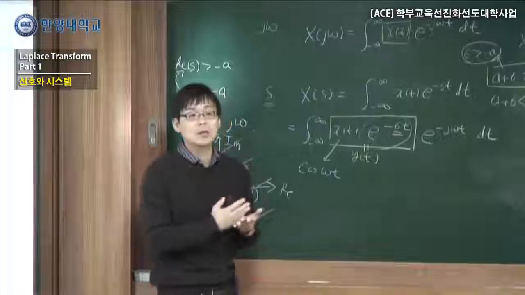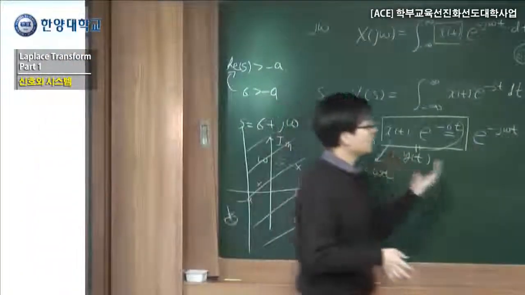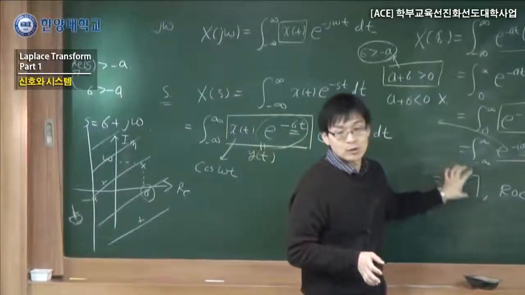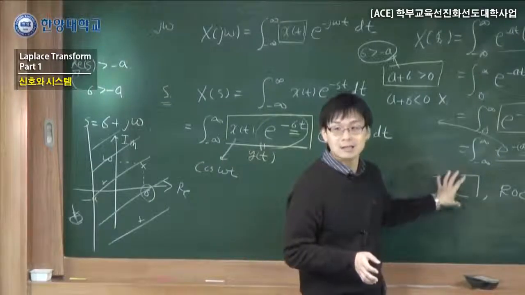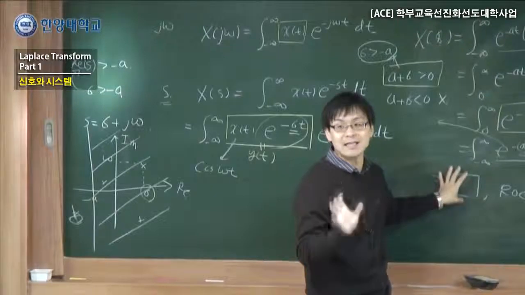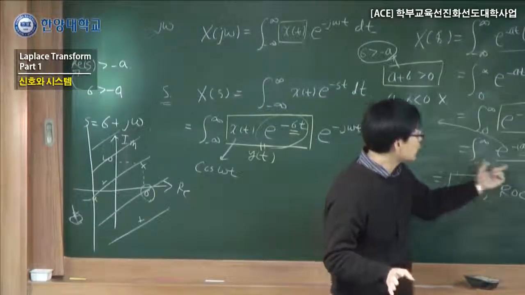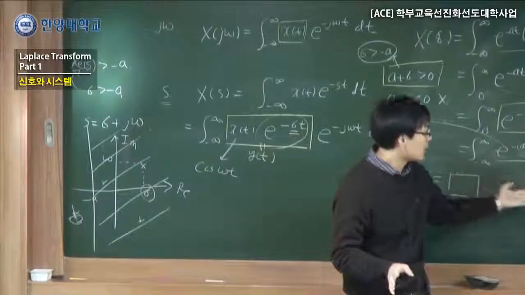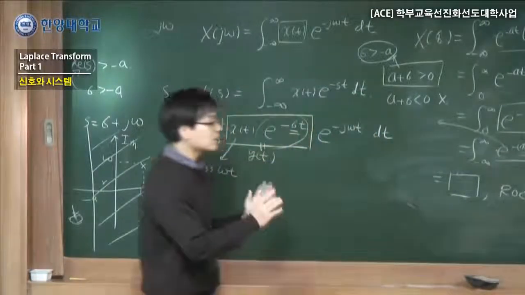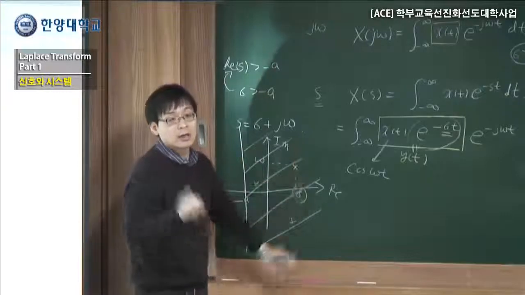To avoid that, we introduce a new concept called the region of convergence. We give a reason that the result of the transform can exist. To calculate it, we do the mathematics and then make it the region form, which is graphically given like this: they are larger than a certain value.